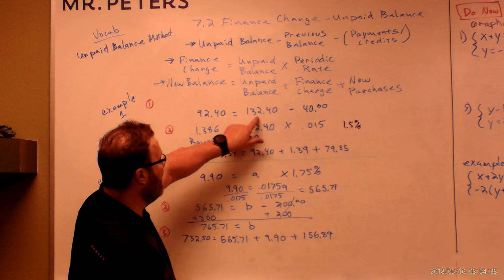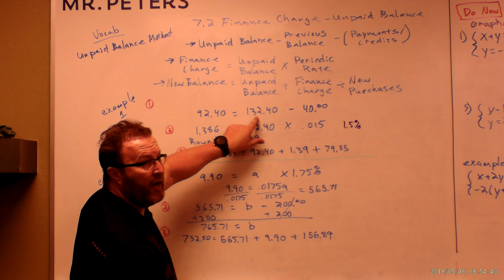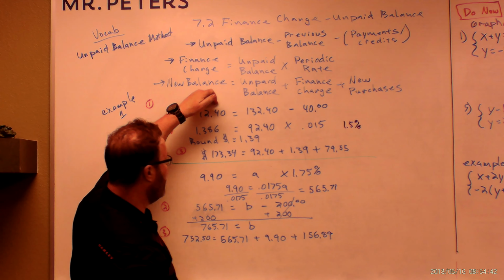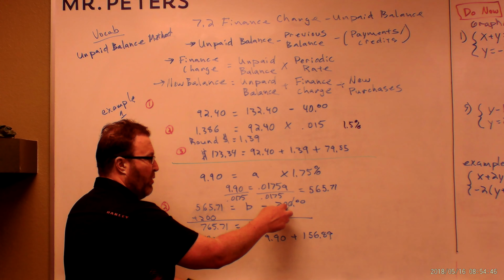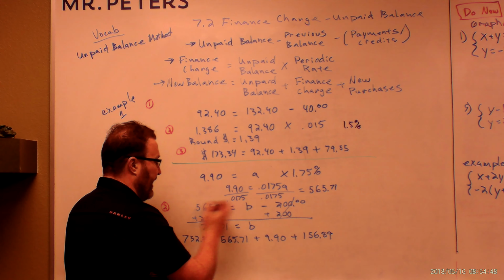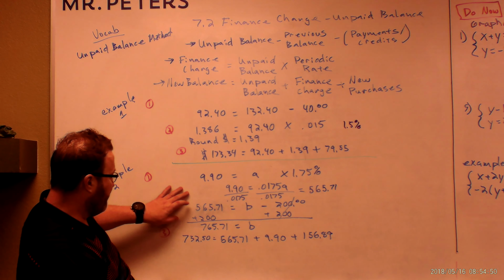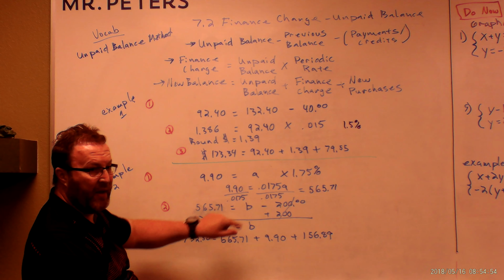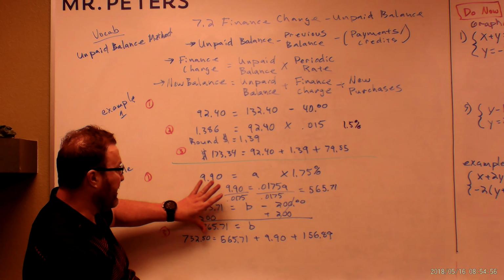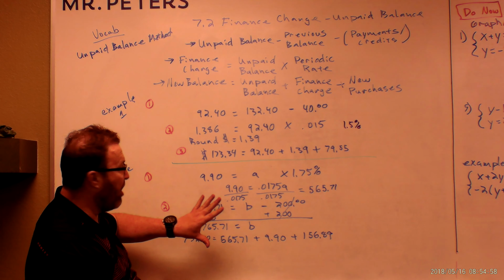No different from this: 132.40, subtract $40, 92.40 is our answer. So we're taking the balance, subtracting 200. We got to do the opposite. We're going to add it to both sides. When we add it to both sides, it's 565.71 plus 200. That's telling us what B is.